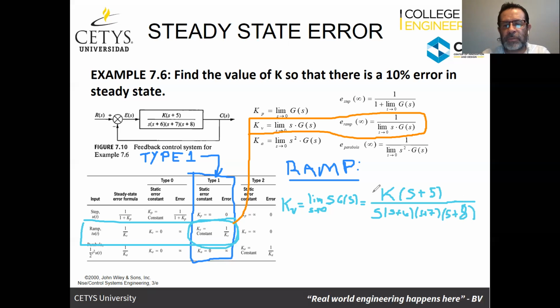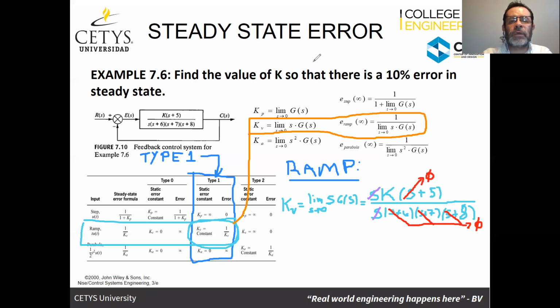And there's an S multiplying here. So these are going to be canceled out, and the S's are going to be 0, so these terms are going to be 0.